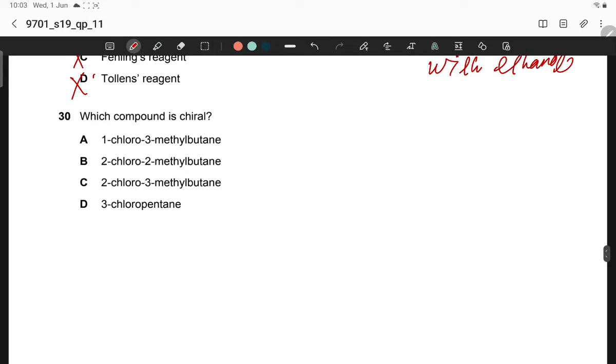Which compound is chiral? Which compound is chiral? 1-chloro butane, 1-chloro 3-methyl. H2C CH2.